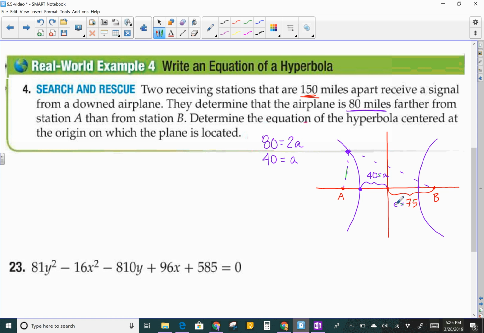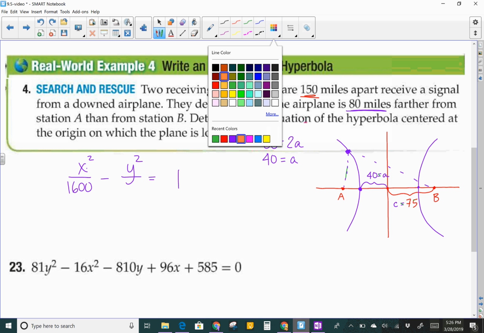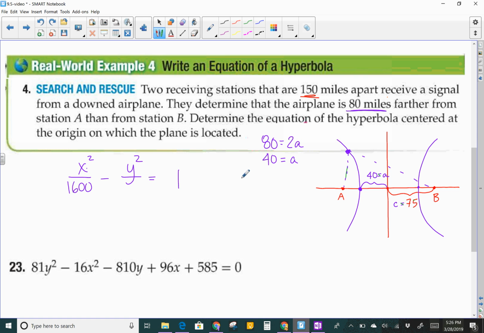All right, my hyperbola is left and right, so I've got x squared over something minus y squared over something equals 1. How far did I go left and right? 40, and 40 squared is 1600. How far did I go up and down? I don't have any idea, but I do have my equation, c squared equals a squared plus b squared, different because that's minus.